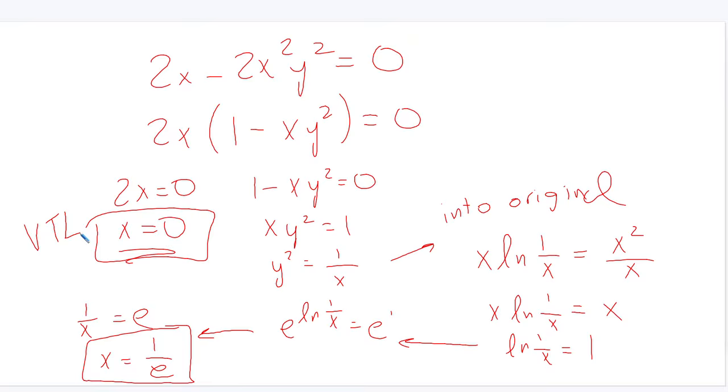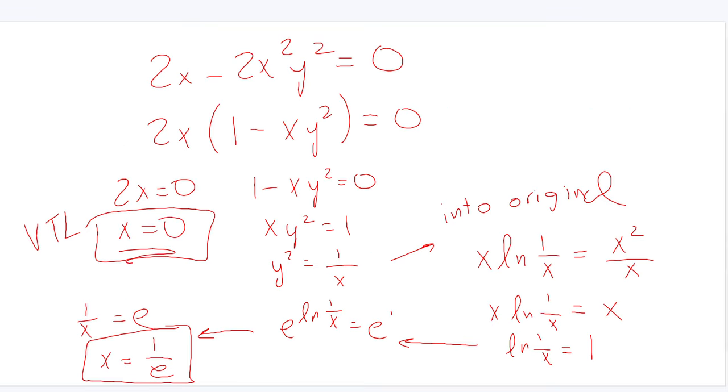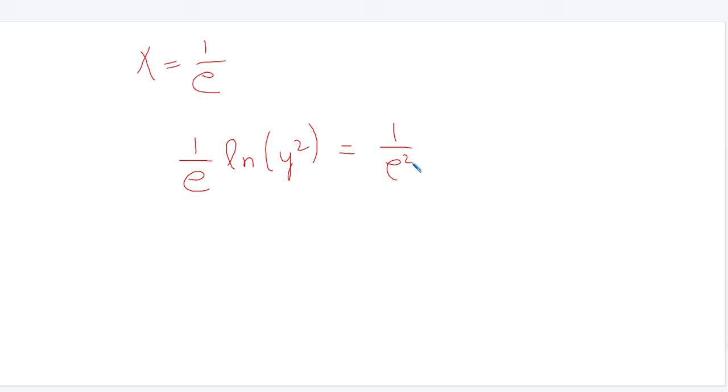So that's good. And if we look at x equals 1 over e back in our original equation, let's make a new page for this new equation. If x is equal to 1 over e, then we end up with 1 over e natural log of y squared is equal to 1 over e squared y squared.